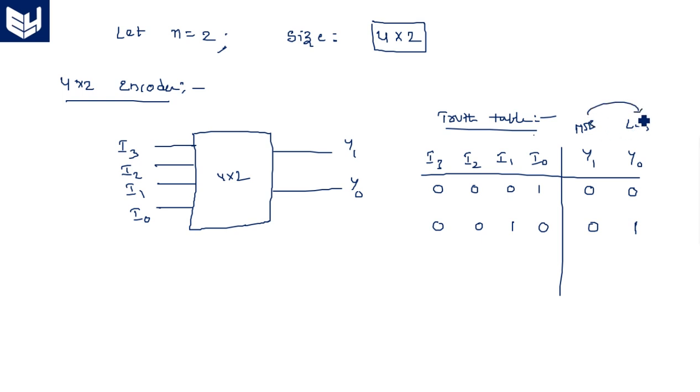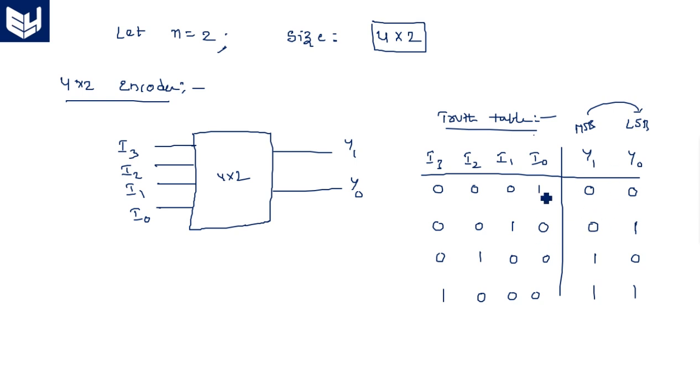Then 0 1 0 0 means the second pin, whose binary equivalent is 1 0, and similarly the last one, 1 0 0 0, means the third pin, so 1 1. This is the truth table representation.